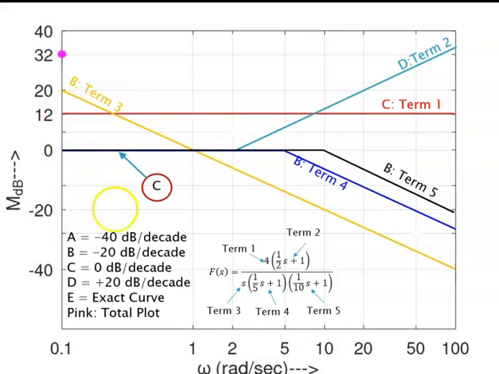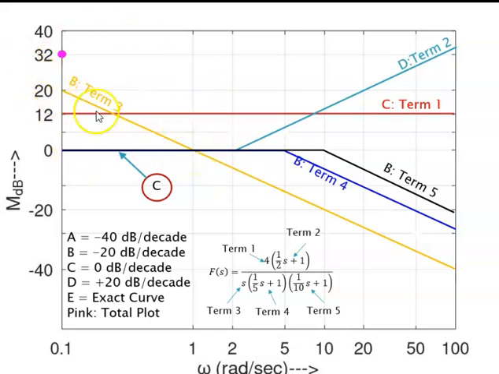Okay, we did that. And next, the frequency of importance is 1 radian per second. At 1 radian per second, the contribution of term 1 is 12, because this 12 is constant all through. Term 2 is 0, because it is of the form 1 plus tau s, and it is 0 all the way up to 2 radians per second, and all the other terms also do the same.